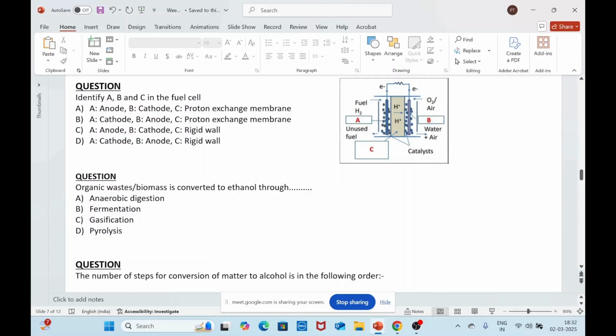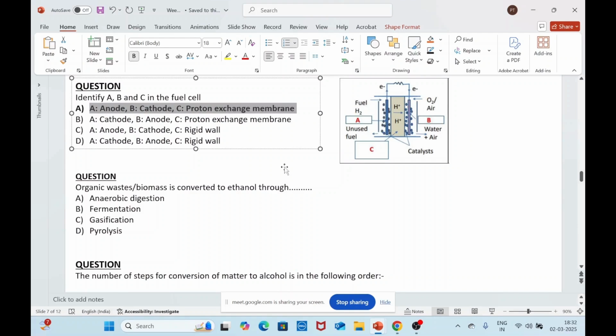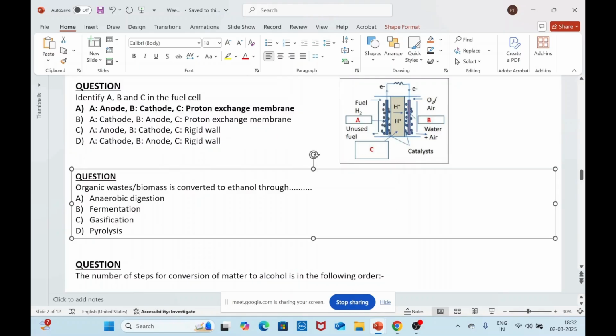Answer is, yeah. So you have anode for A, and the cathode is where the oxygen reduction happens. So in case of C, it is the proton exchange membrane. So the next question, I guess somebody said fermentation, so that is correct.